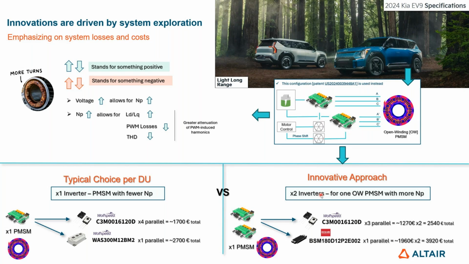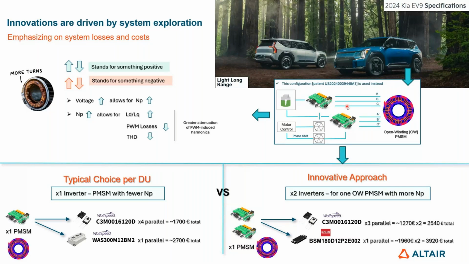The reason they did that is because when you use a second inverter and you connect it to the end of the windings, so you use an open winding configuration for the PMSM, it's effectively increasing the available voltage, which means that you can have more favorable design trade-offs for the motor.